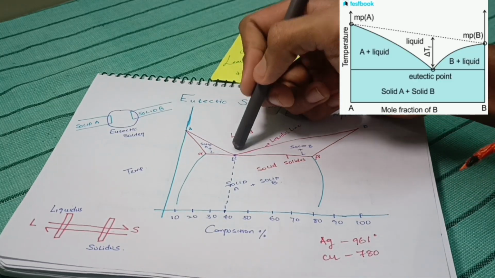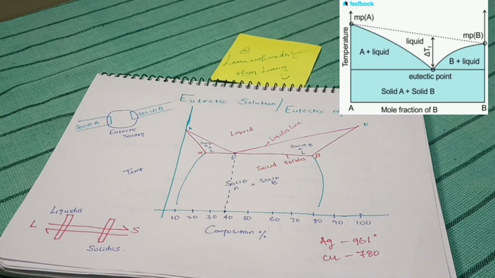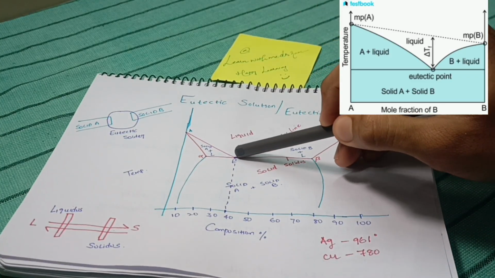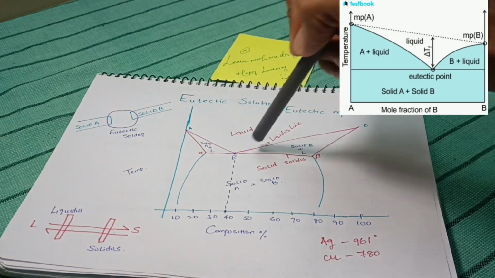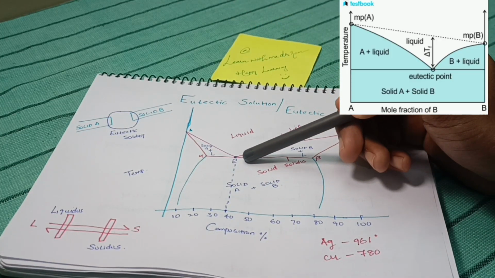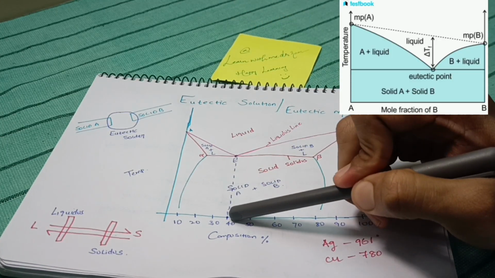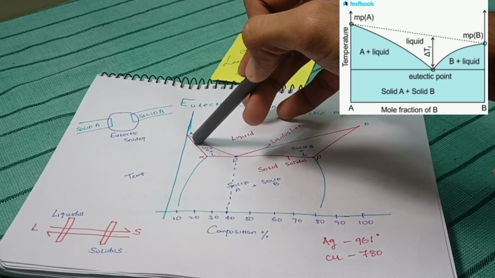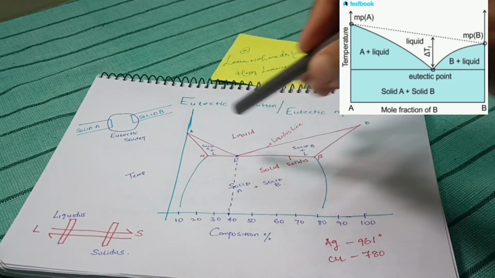That means E is a point where A is getting into the solid, and B is getting into the solid. So at this point the temperature is lowest, that is 40% of saturation, at the temperature of 30 to 40% of the copper.